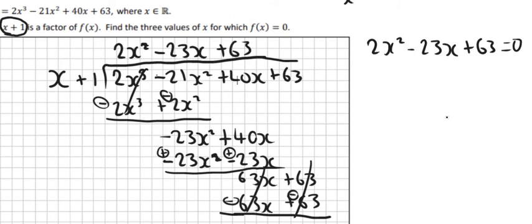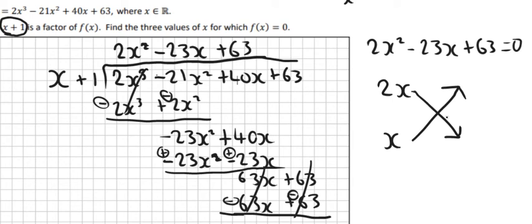So there's different ways again you can factorize this. I'm going to do it this way. So you can split up the middle term, and there's a box way of doing it. There's loads of different ways of factorising, so you just need to factorise that quadratic whatever way you know how.